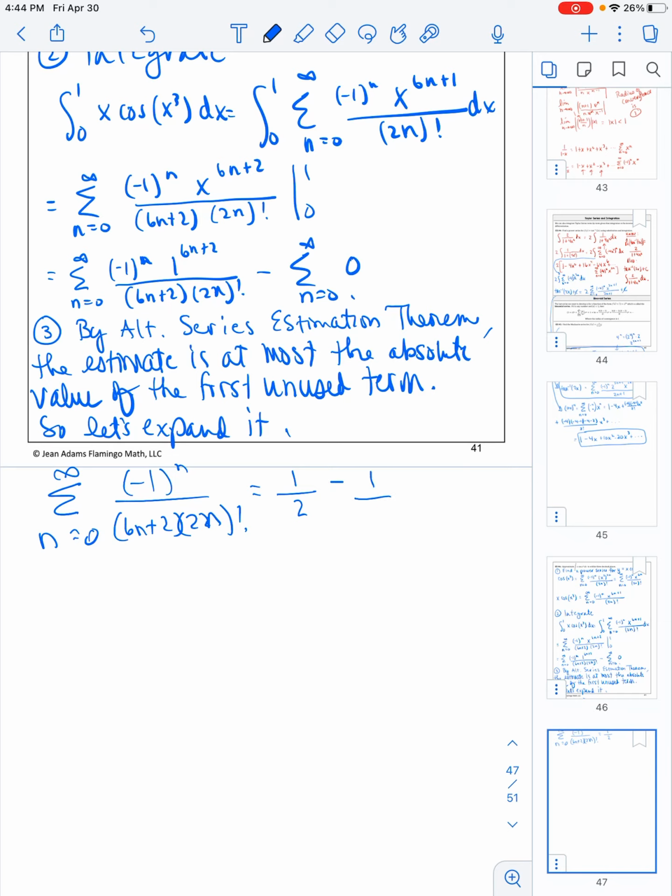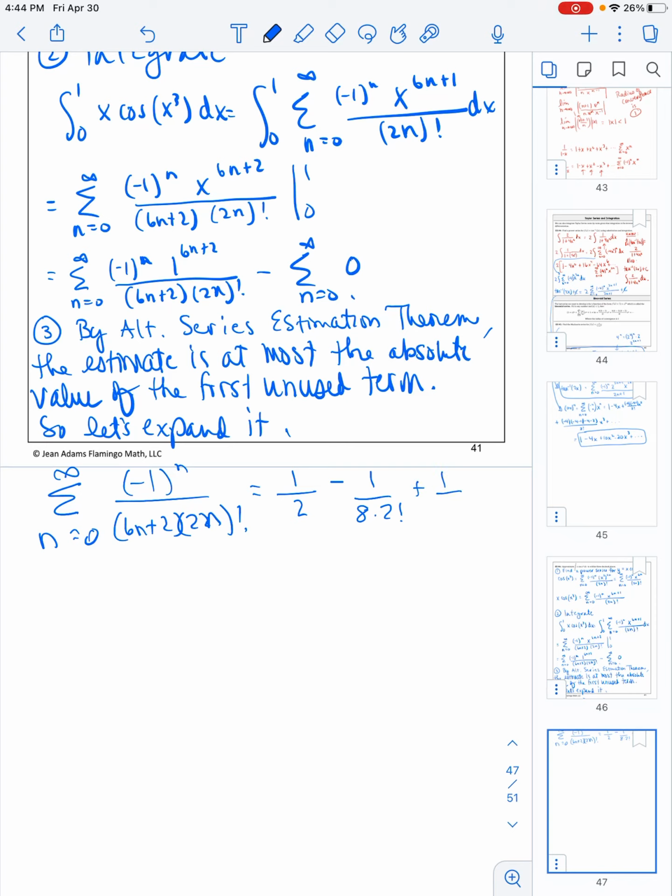If I put a 0 in for n, I get 1 over 2. And then if I put a 1 in, I get negative 1 over 8 times 2, 16.